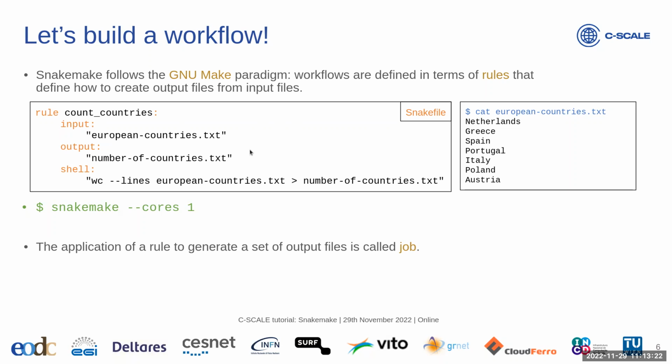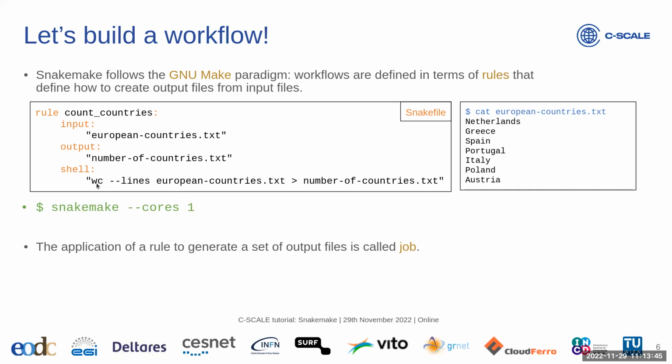So this is the simplest workflow ever. It only has one rule. The name is count_countries. We have a text file on the right, you can see a text file with European countries. This is the input for the rule. The output is going to be the number of countries. And then how can we compute that?